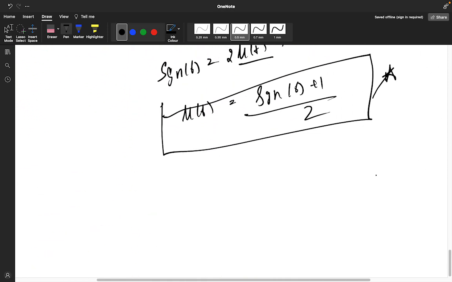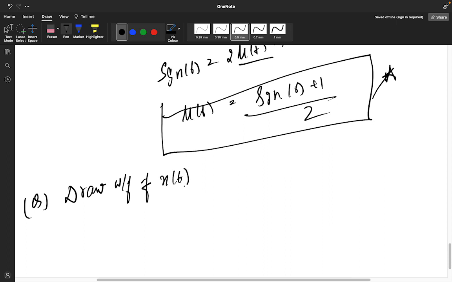Like there is one question, and the question is you need to draw the waveform of x of t, and the value of x of t is given as signum of t square minus 3t plus 2.